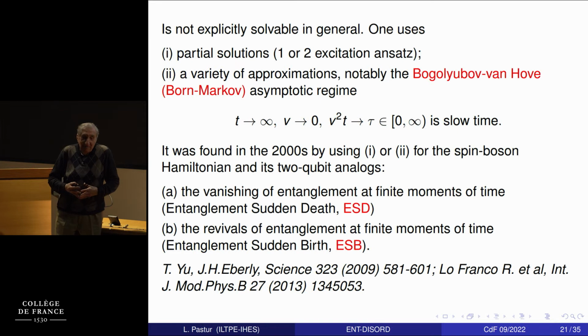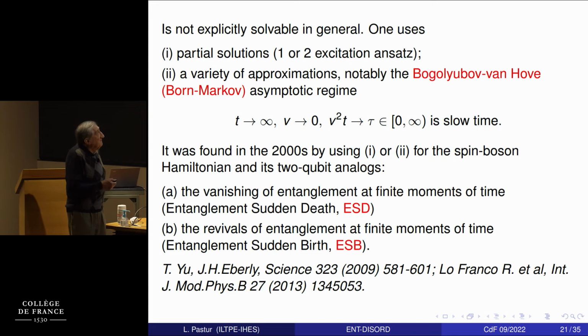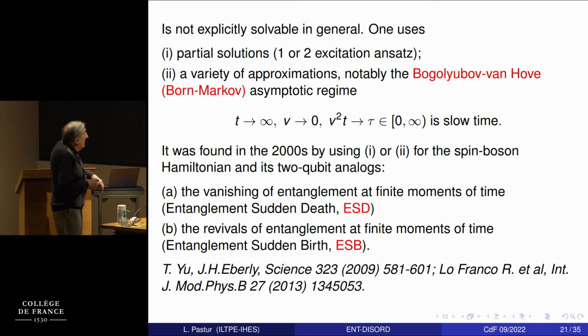Nevertheless, it is quite complicated, and it's impossible to solve the Hamiltonian exactly. You can write a certain expression for the dynamics by using Feynman integrals, etc., but it is not feasible. So people invented a lot of approximations, and one of the most used is the so-called Bogoliubov-Van Hove or Born-Markov limit, which is the following. If we are going to study large times, we take the time big, but in general it's hard. So simultaneously we assume that the interaction with the environment is weak, and this combination is fixed.